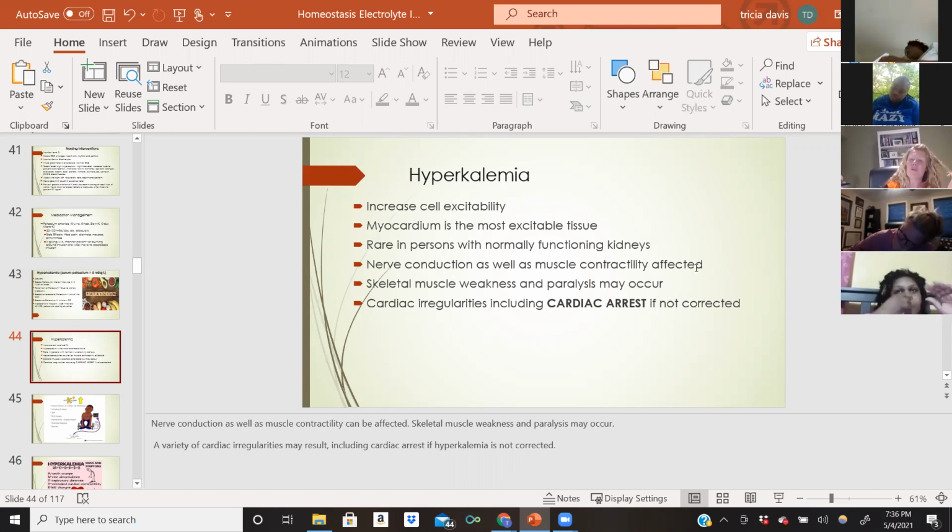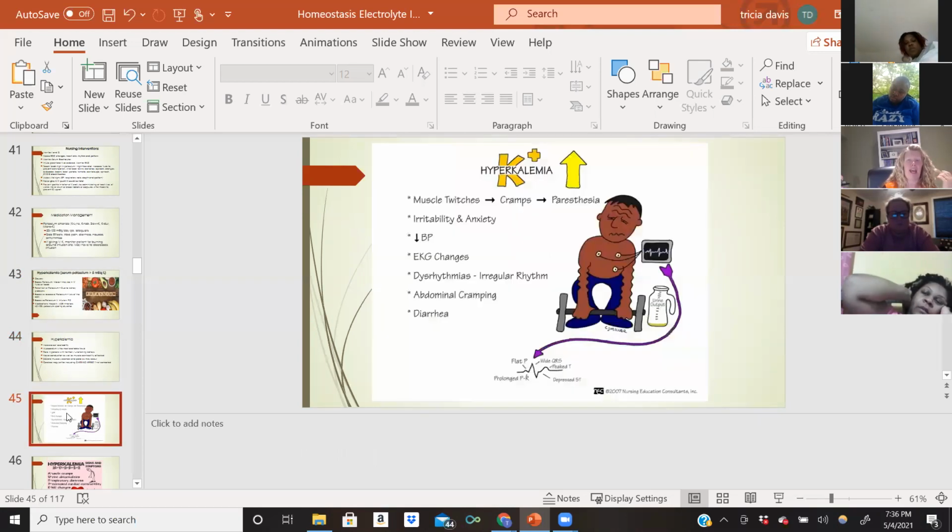The nerve conduction as well as muscle contractility is going to be affected. We're going to see skeletal muscle weakness and paralysis that could occur. And we are going to see cardiac irregularities, and cardiac arrest can occur if we don't correct these levels. So these patients have to be on a heart monitor if they have high potassium.